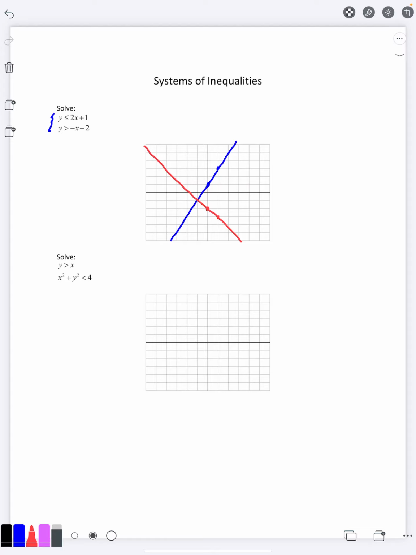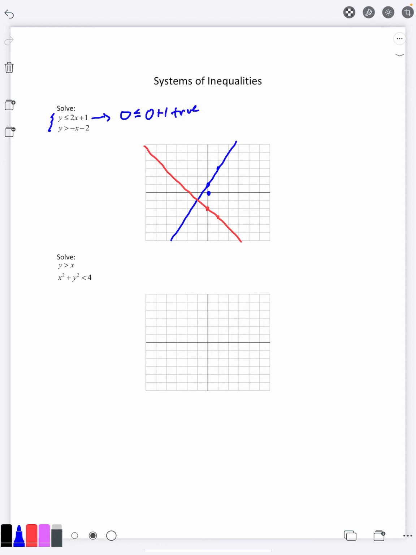And then we need to shade in which parts are actually going to work. Now there's a couple ways of doing this. One way is to pick a point that's on either side of your line. You can pick any point you want to. Oftentimes we'll pick 0, 0 because it's easy. So if I pick 0, 0 and plug it into my first equation, I would have 0 is less than or equal to 0 plus 1.